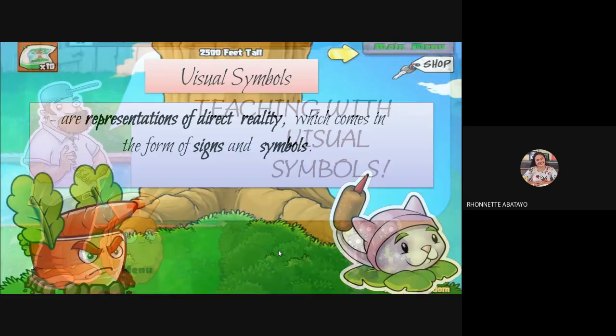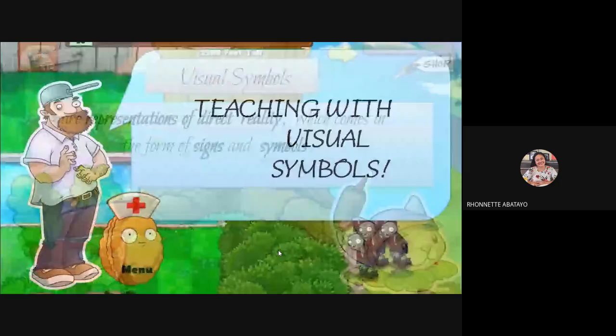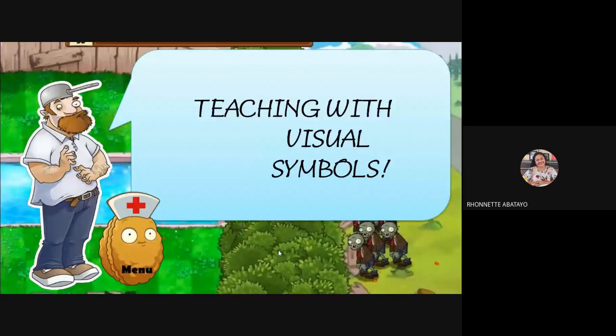I have some questions for you. What instructional material fall in this category? What are those visual symbols that you can remember from your teachers? Can you chat your answers? What are those instructional materials that you can consider as good visual symbols from your teachers?